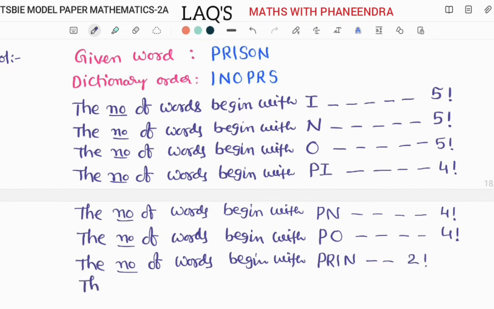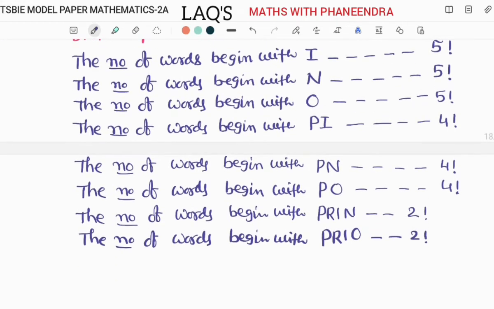Next, the number of words that begin with PRIO. So this can be done in 2 ways.